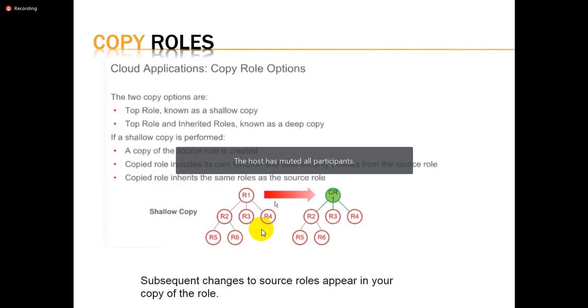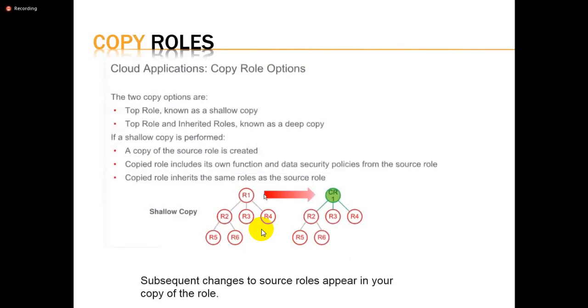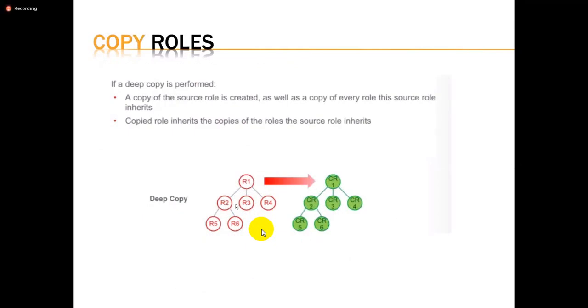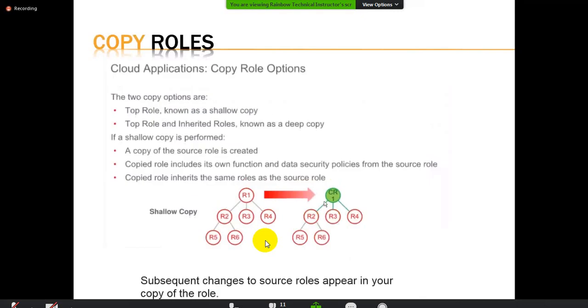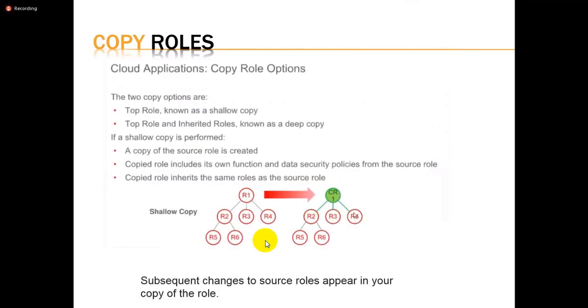If I copy R1 to CR1, do you want to copy the top role and keep the existing relationships, or do you want to copy the top role and also take a copy of the individual roles, CR2, CR3, CR4, CR5, CR6? That is called a deep copy.